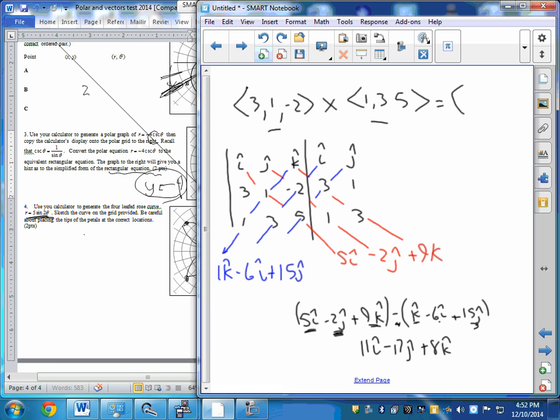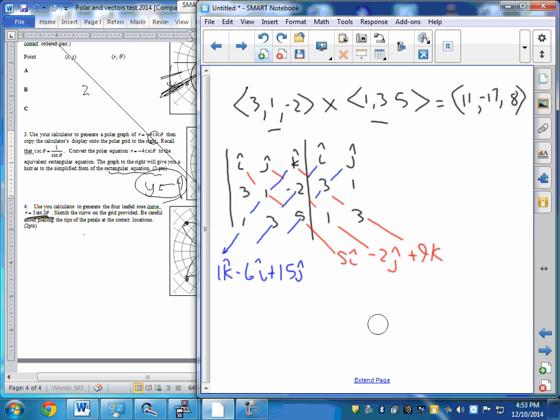I'm going to write it in component form just because I don't like the i's and the j's and the k's. 11, negative 17, and 8. Okay, so I think we're all good there. Now the check, of course, is to see whether or not the dot product is 0.